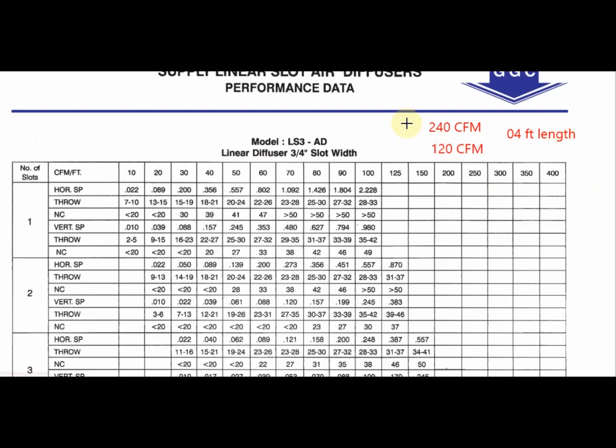We have airflow value 240 CFM for 4 feet length, so the CFM for 1 feet will be 60. So we will select this column, and this performance sheet is for 3/4 inch slot linear slot diffuser. Then let us see, the NC value is 47 for one slot, and for two slots NC value is 33.